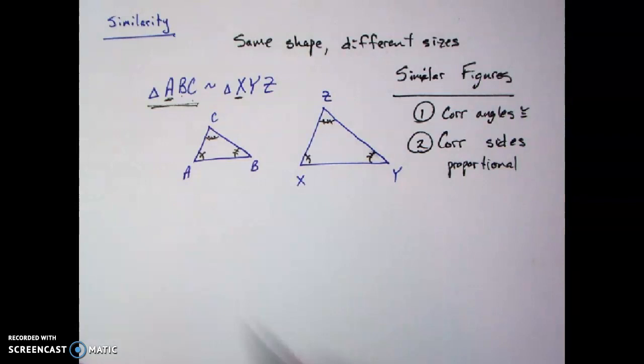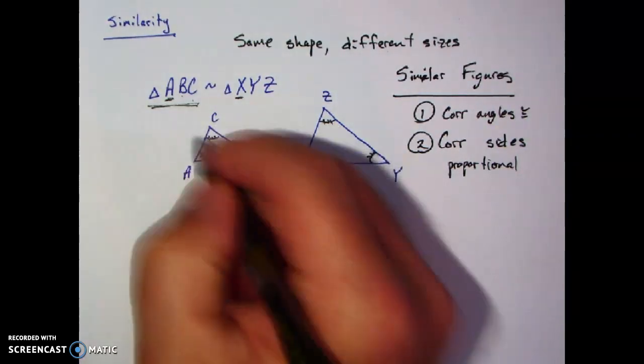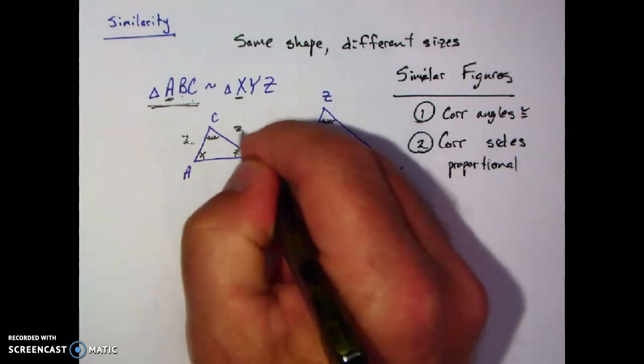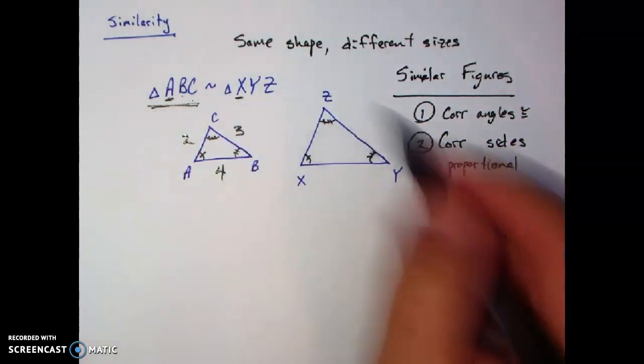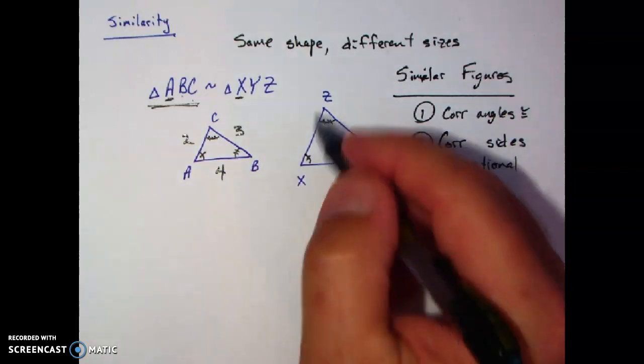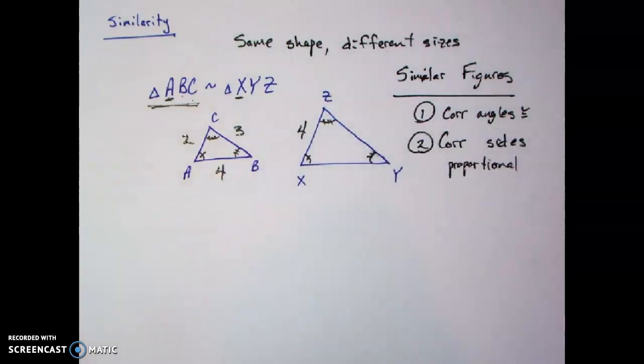So if we know these figures are similar, let's say that this triangle here has sides that are 2, 3, and 4. And then in our corresponding triangle, let's say that we know that side XZ is 4.